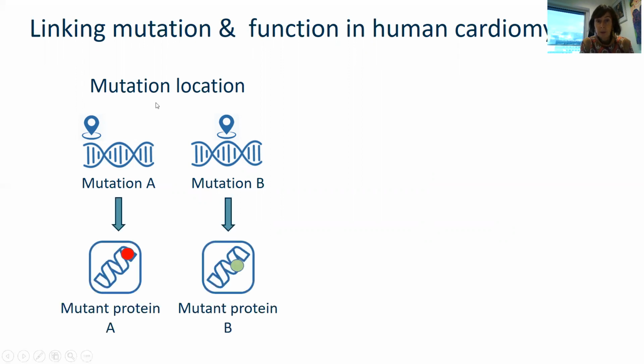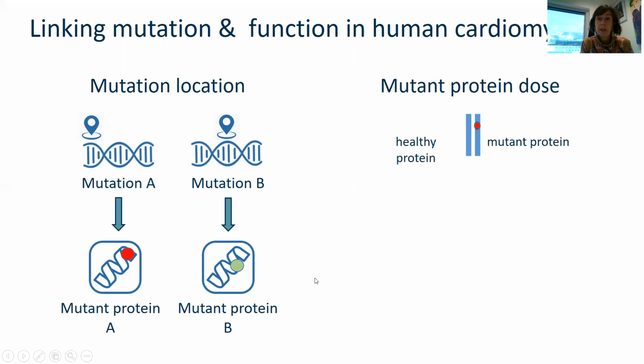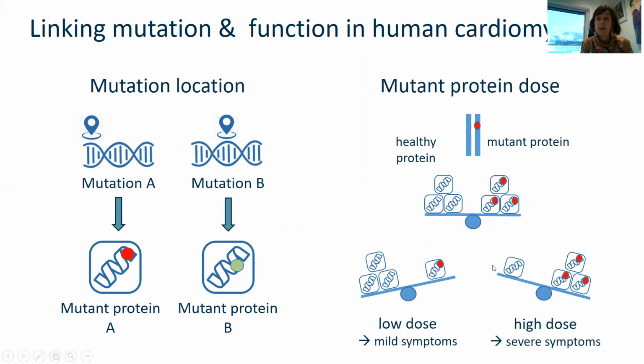So you can think of choosing different mutations depending on the location in the gene. And also you could think that the mutation protein dose would play a role in changing calcium sensitivity. So a low dose may explain mild symptoms, and a high dose could be linked with more severe symptoms.